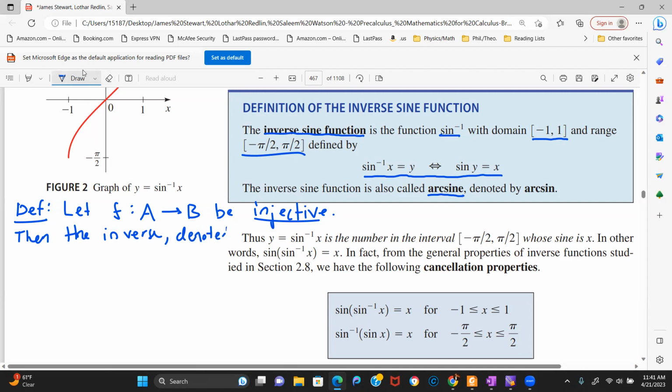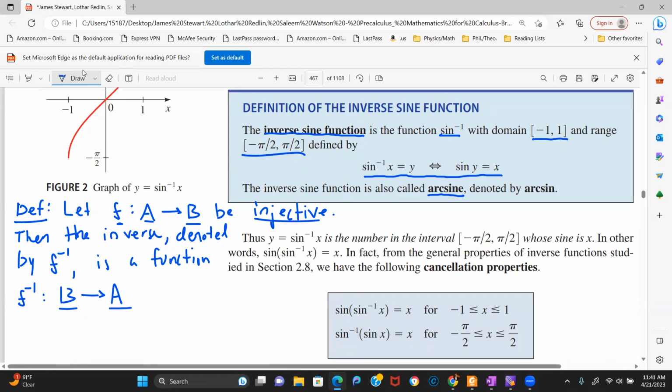denoted by f inverse, is a function. What is it a function from? It's from B to A. Notice when you want to look at the inverse of f, you swap A and B, the sets.